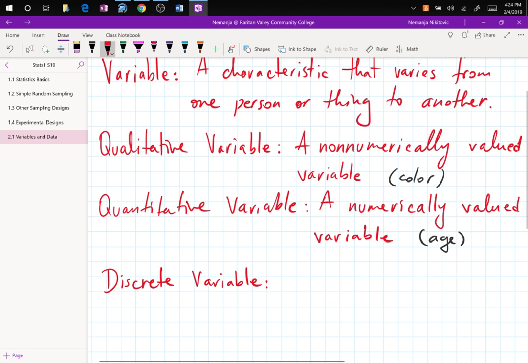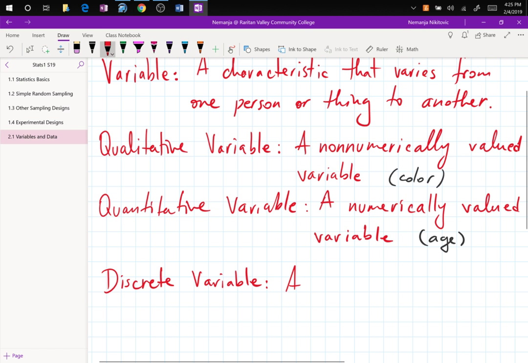Some units that are discrete, we make them continuous, and some units that are continuous, we make them discrete. We'll talk about that. So discrete variables have a whole paragraph: a quantitative variable whose possible values can be listed. I would just say a quantitative variable that we can count with whole numbers, right?